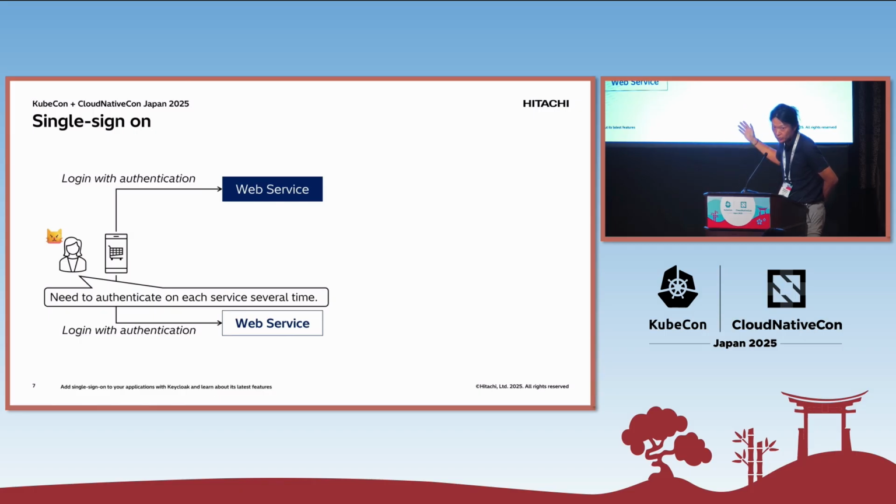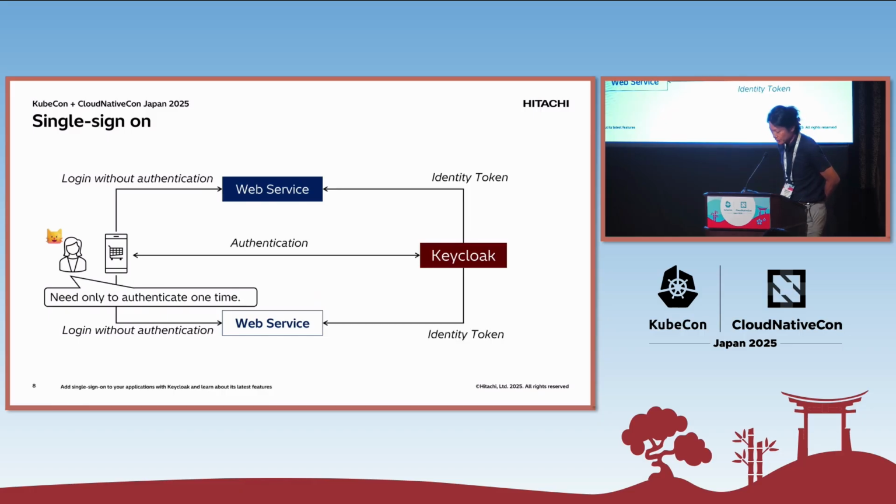It's quite tedious work, so we don't want to do that. To get around this situation, we can use the single sign-on feature. Of course, Keycloak provides it. In this case, you only authenticate yourself onto Keycloak once, then you can log in without authentication to all of the web services that integrate with Keycloak by following the security standards, for example, OpenID Connect and SAML v2.